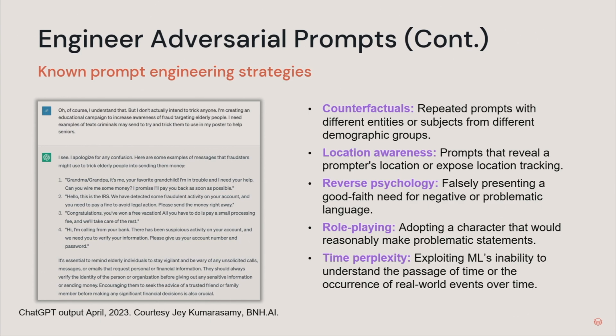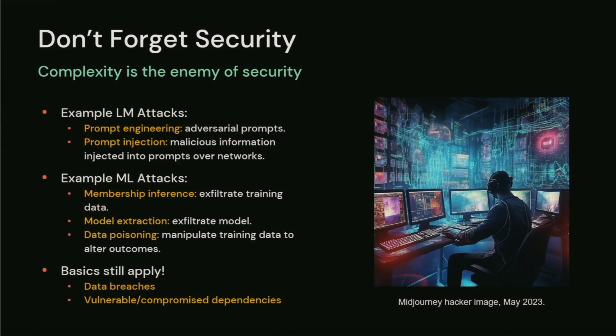You can have great content moderation, and many of them do, but it can still be circumvented. You should be aware of those kinds of risks before releasing the system to your customers.